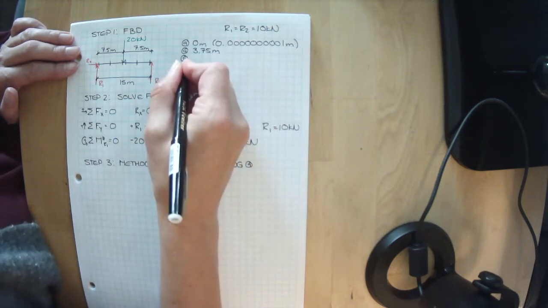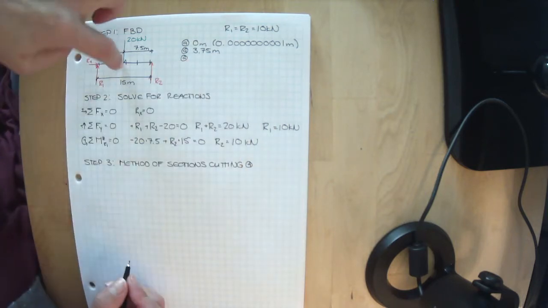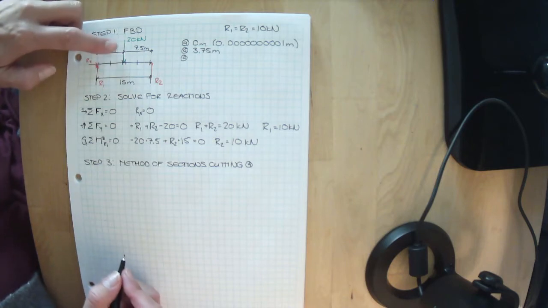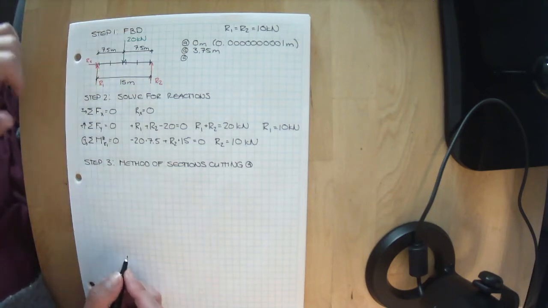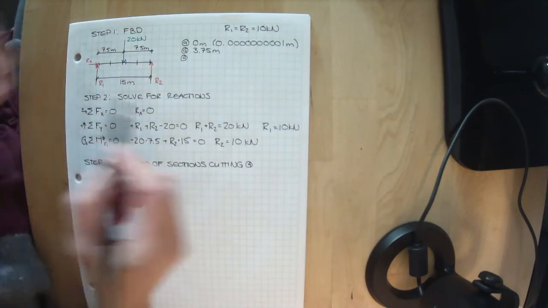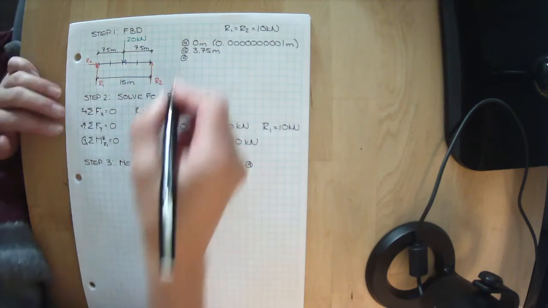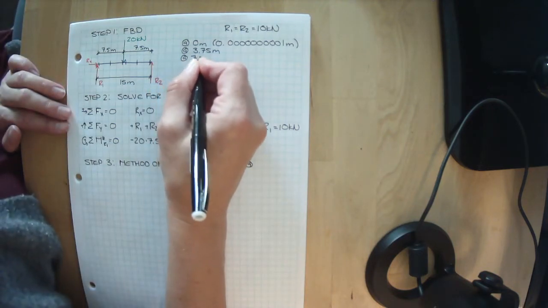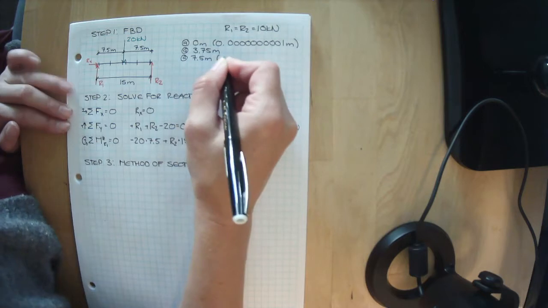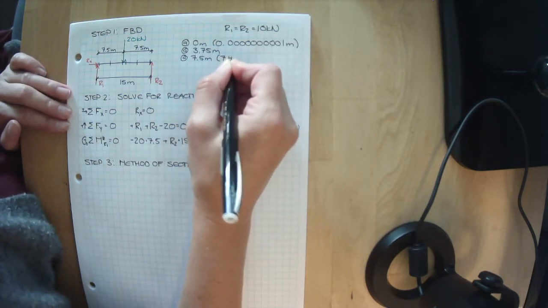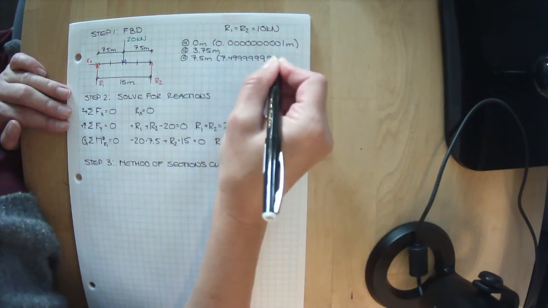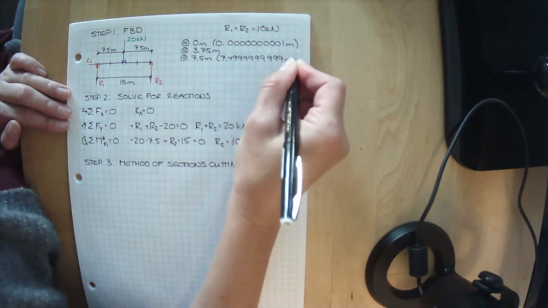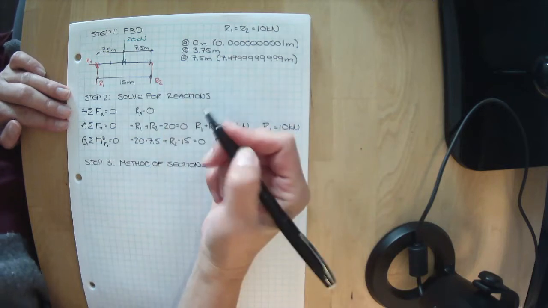And then let's cut at 7.5 meters, but just before the 20 kilonewtons is applied. And I know, why wouldn't it be right at the 20 kilonewtons? But bear with me. We're going to say it's at the 20 kilonewtons, but just this side of it. So at 7.5 meters, but I'm really saying at 7.499999999 meters. So for rounding purposes, we're at 7.5.